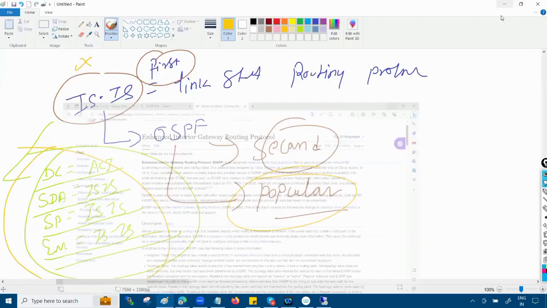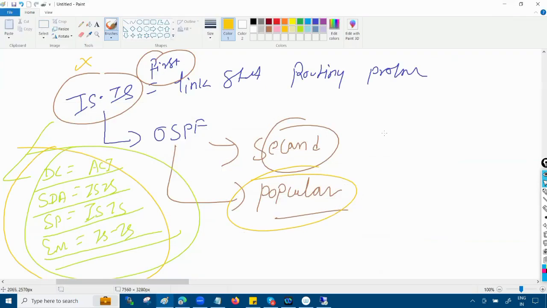But this protocol came in the 90s, and it was an amazing protocol. But the problem with being Cisco proprietary is that it did not become popular. The reason OSPF became popular was that the OSPF protocol was introduced only for IP.